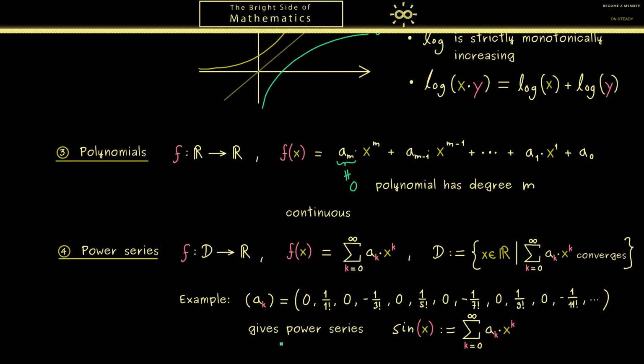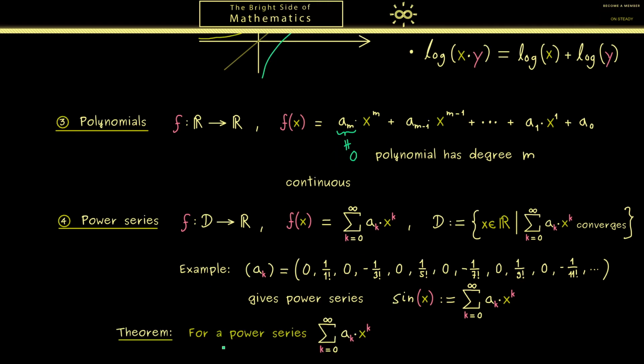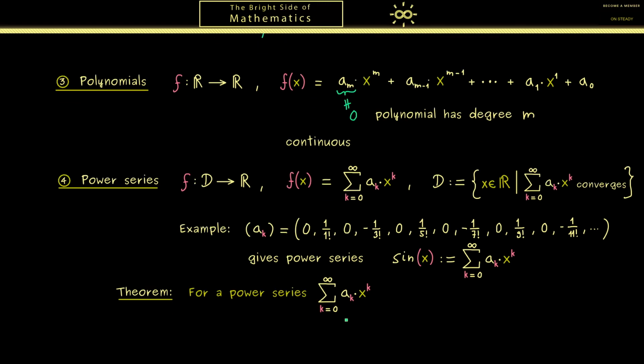Indeed, a lot of common functions can be defined with such a power series. And for this reason I give you here a general result. Now for any power series given with coefficients a_k, you find a maximal radius r, where also infinity as a symbol is possible, which indeed would be the best case scenario.